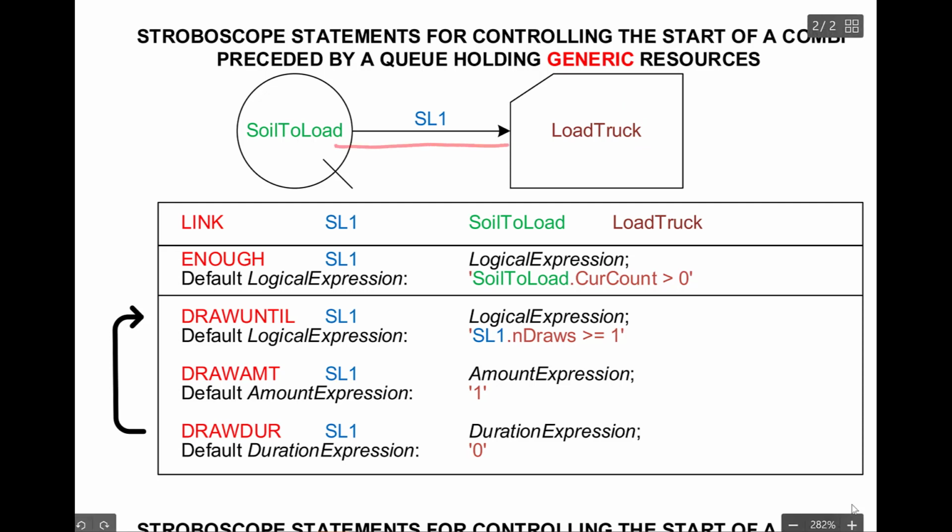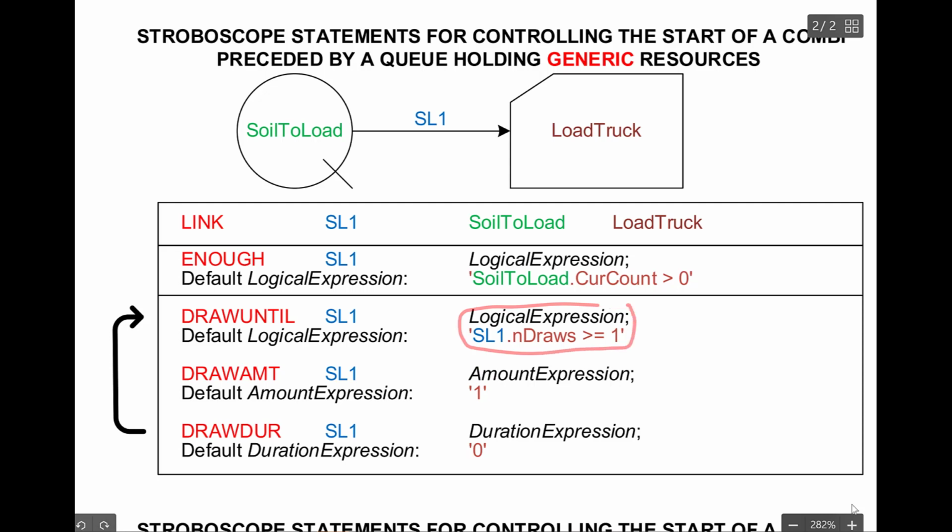Every time we draw through SL1, the amount of material that we draw is controlled through draw amount. Again, draw amount takes as a second argument the name of the link SL1, and the default expression is 1. In other words, by default, every time SL1 draws, it will take 1 unit.